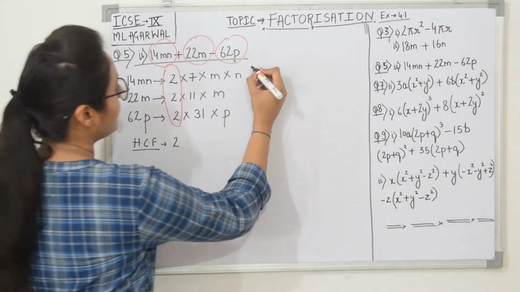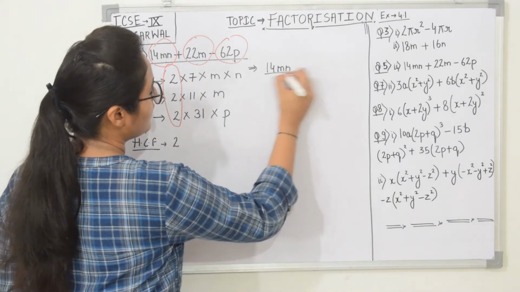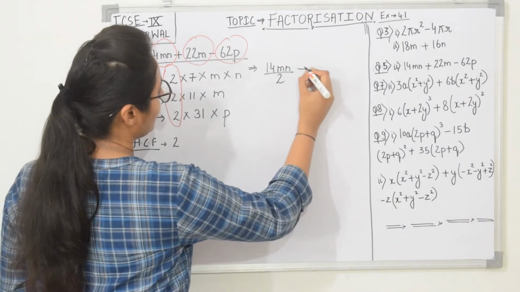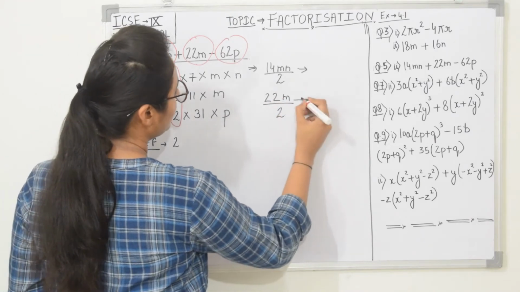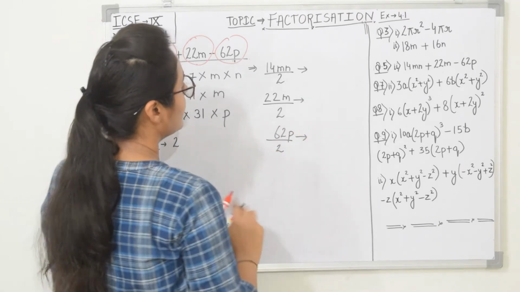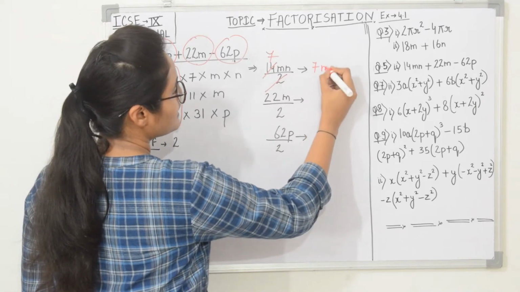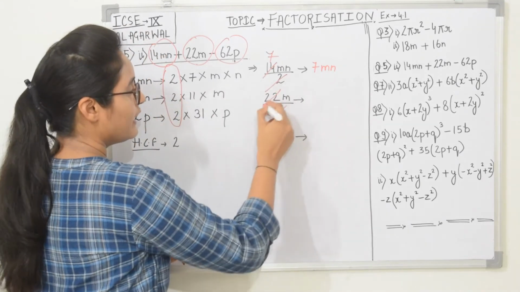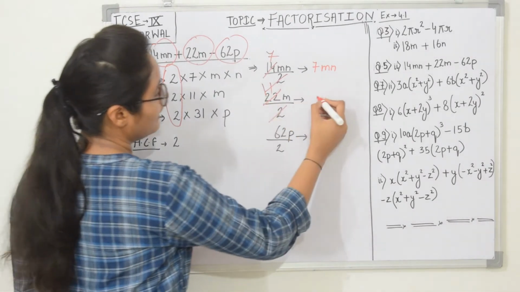Okay, the second part which involves division here is what? 14mn, first term, divided by 2, then your second term, that is 22m, divided by 2, your third term, that is 62p, divided by 2. 14mn, 2 7s are 14, you are going to get your remainder as 7mn. 22m divided by 2 is going to give you what? 11m.